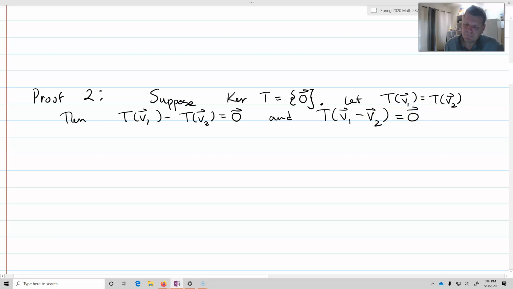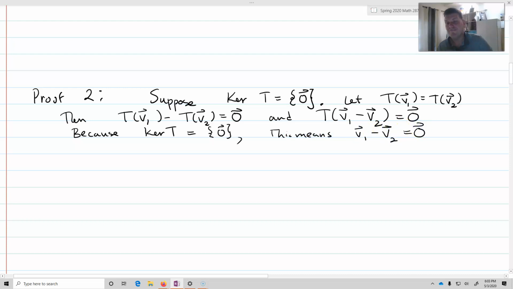Now, because the kernel of T is equal to only the 0 vector, this means v1 minus v2 has to equal the 0 vector, because the only thing that T transforms into the 0 vector is the 0 vector.